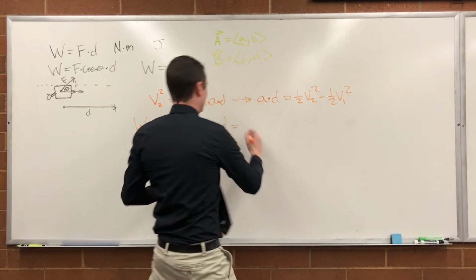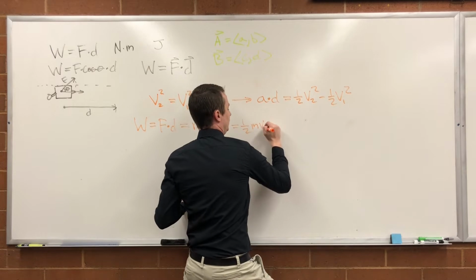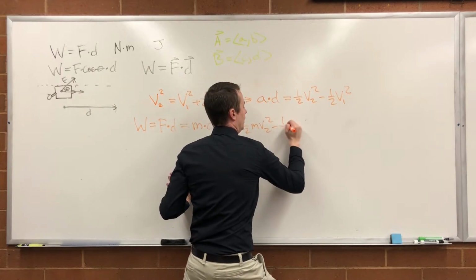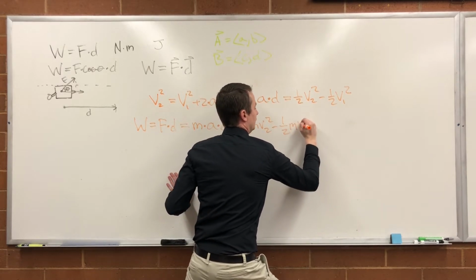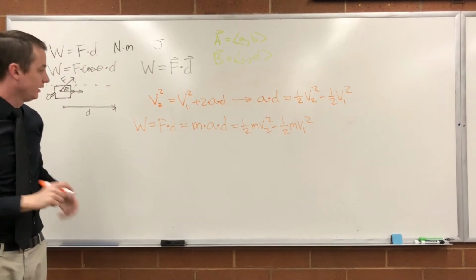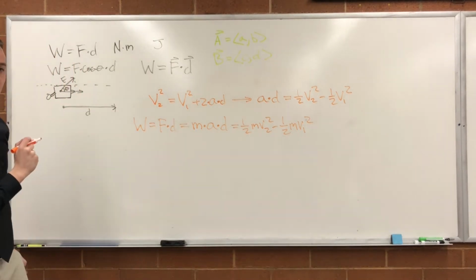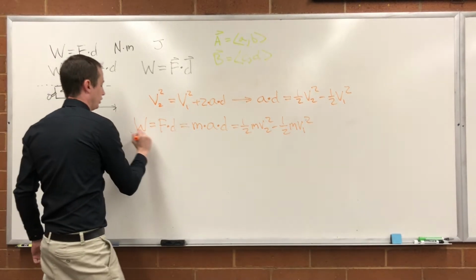Yeah. So it's equal to 1/2 m v2 squared minus 1/2 m v1 squared. Okay, this right here, work energy theorem. Here it is in its simplest case. We'll derive it in a more concrete case.